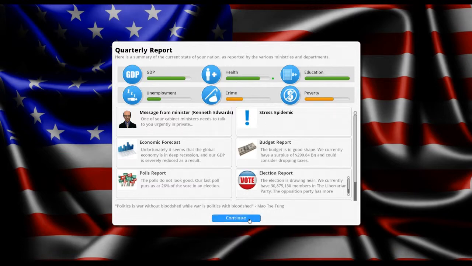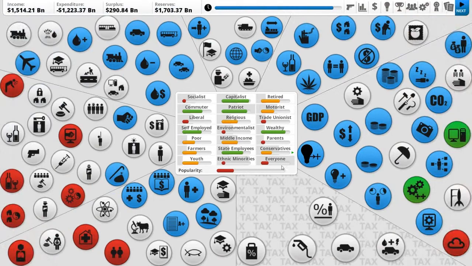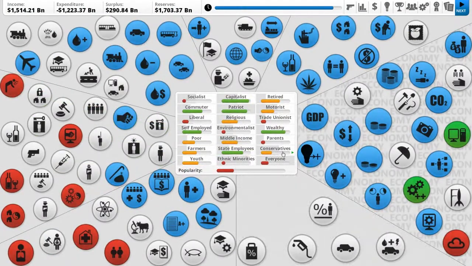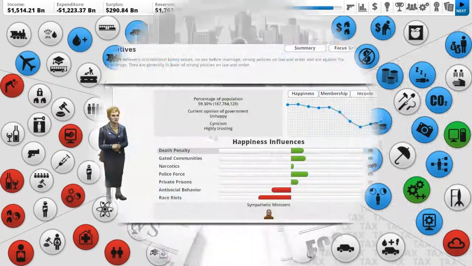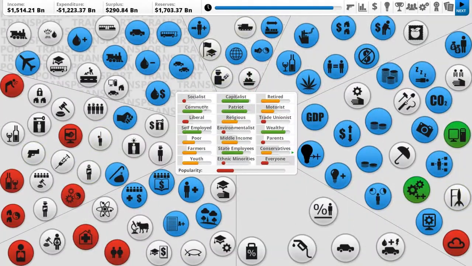Stress epidemic. What are they like? Conservatives. 59% of the population. What about liberals? Don't crash. Don't crash. Don't cry. Ooh.